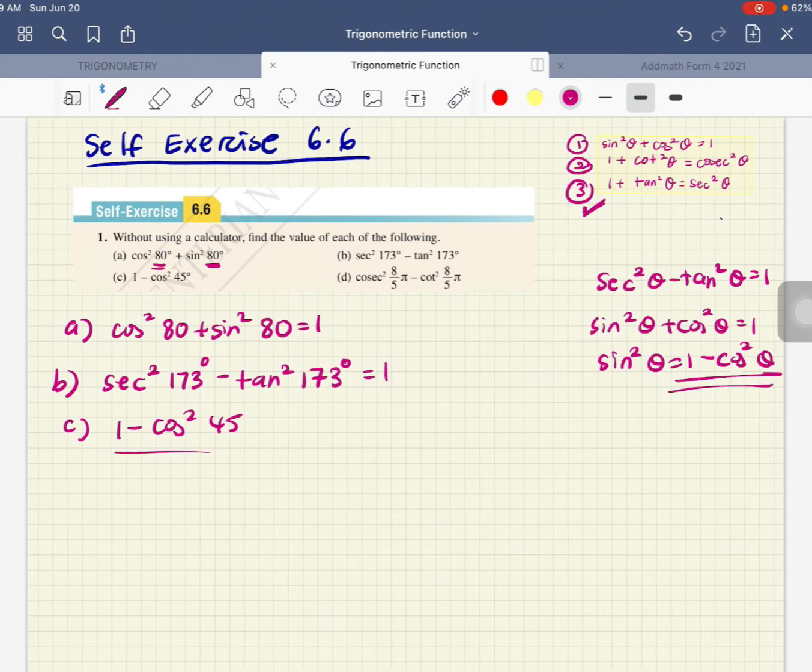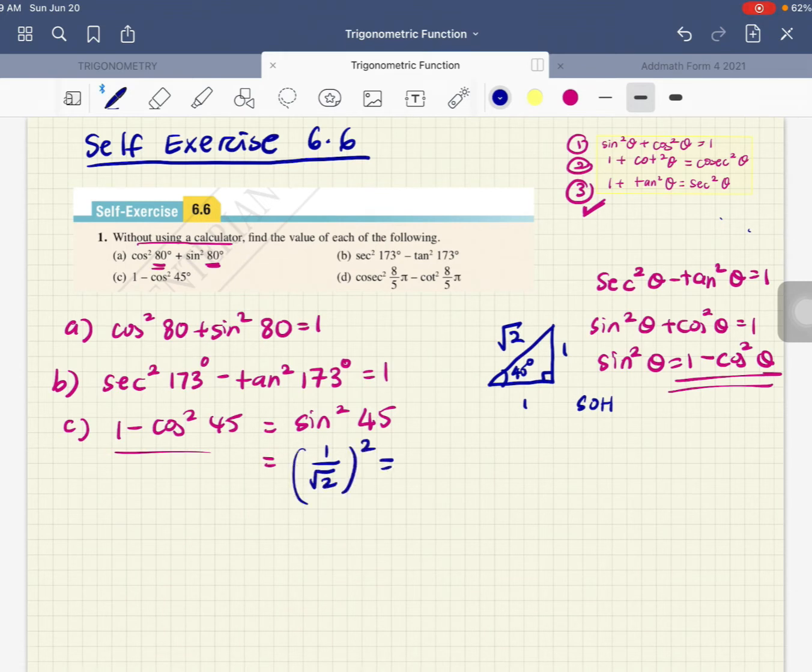So it happens to be sine square 45. Because the question said without using a calculator, we use the special angle. If it's 45 degrees, this is 1, this is 1, this is square root 2. So sine is 1 over square root 2. Square it, and you'll get 1 over 2.